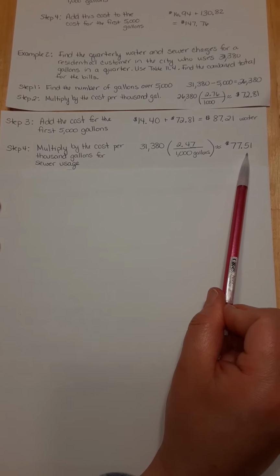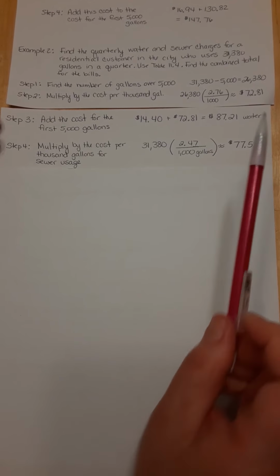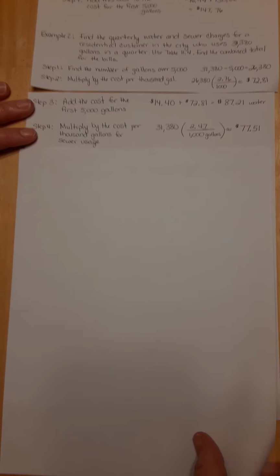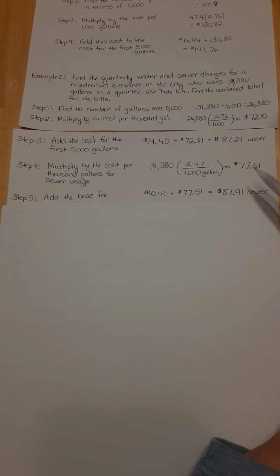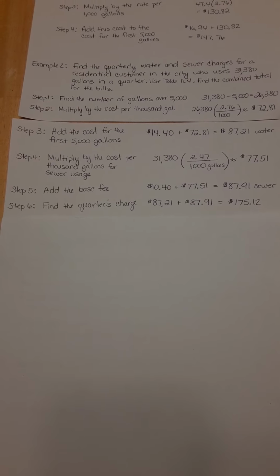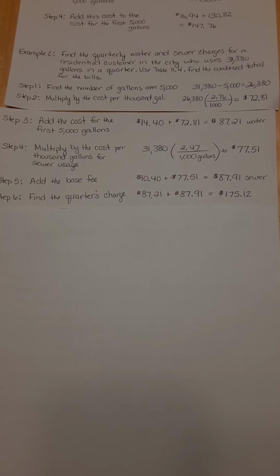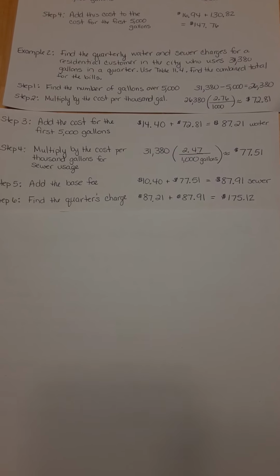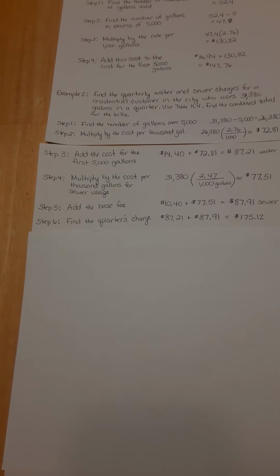Now that we have our sewer, we have to go back, and it's asking us for our combined total. So the last step is to add together our water bill and our sewer bill, and we find out that our quarterly charge for this family is $175.12 per quarter.